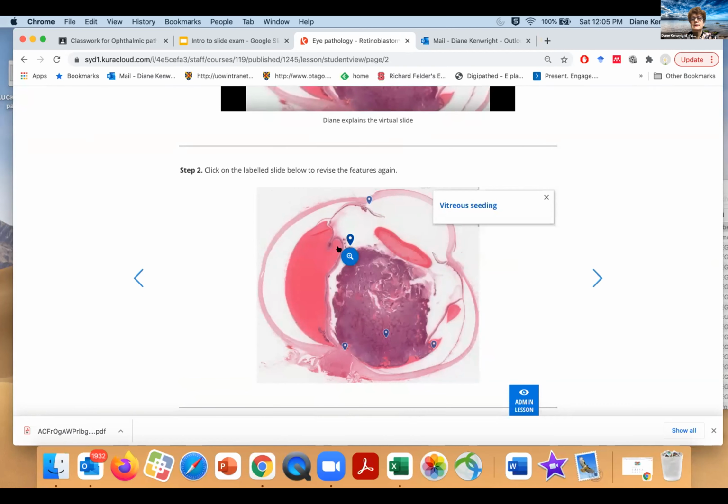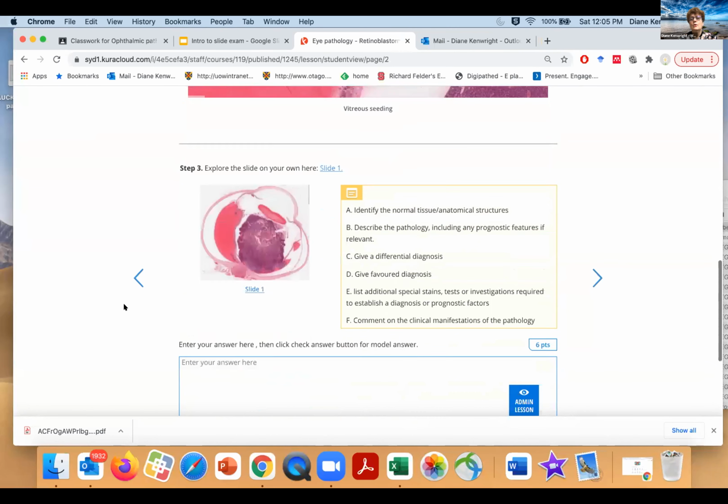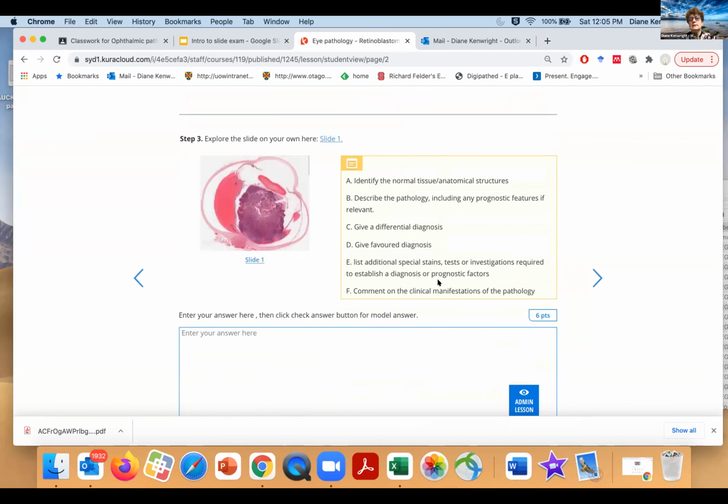So we know that this is vitreous seeding, and we can go closer and have a look at it, and that is the actual vitreous seeding. This is the photo that you'll probably be given in your exam, and this one here is the main tumor mass. Then we ask you to explore the slide on your own and practice writing the answer.